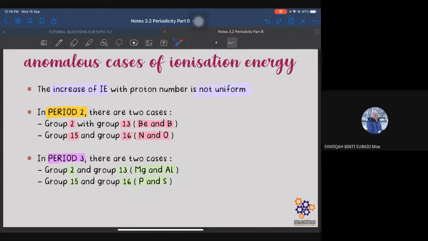Okay, and then sama juga dekat period 3 ada 2 cases juga between group yang sama cuma elemen yang berbeza lah. So contohnya period 3 between group 2 dan juga group 3 between the magnesium and aluminium. And then between group 15 dan group 16, phosphorus and sulfur. So ada 4 cases between these 2 period lah yang ada anomalous case.